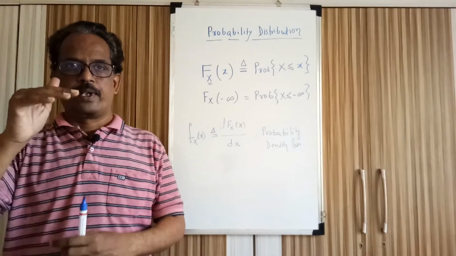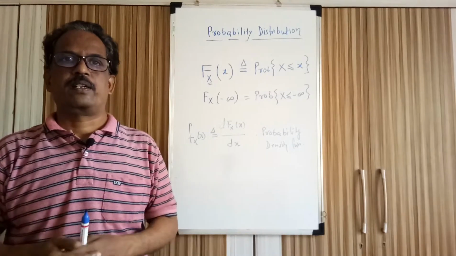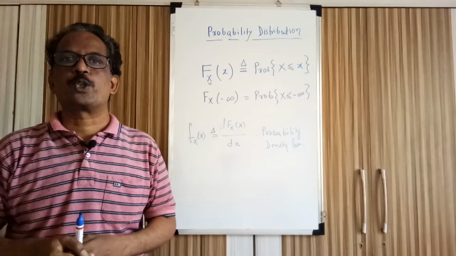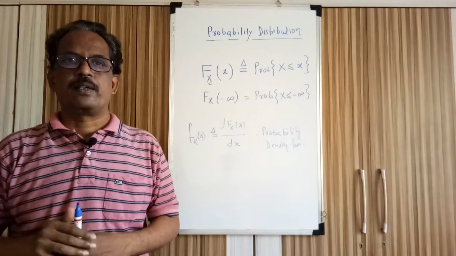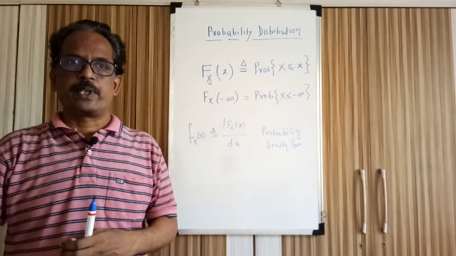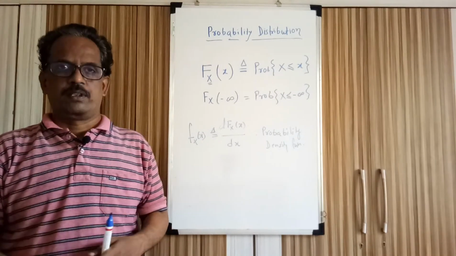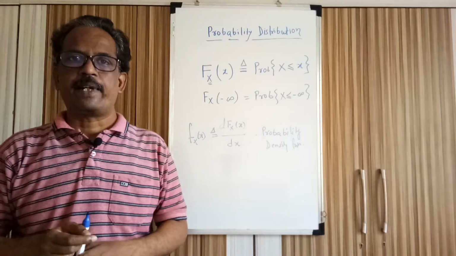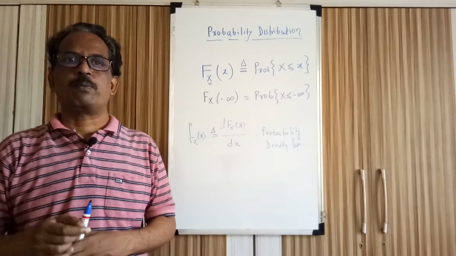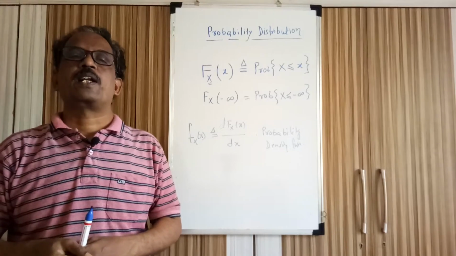So if you differentiate, you are having a staircase-like diagram for the probability distribution function, and if you just differentiate that, you will find only peaks at particular values of the random variable. So in that case, we are getting the probability of the random variable taking value at that particular instant, when we say that it is a discrete random variable.